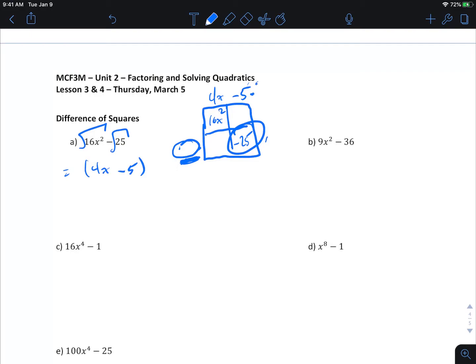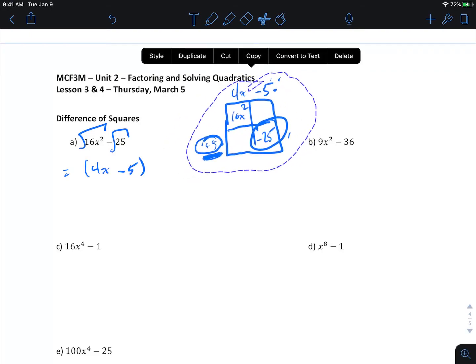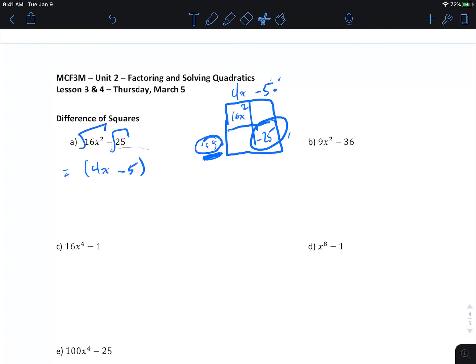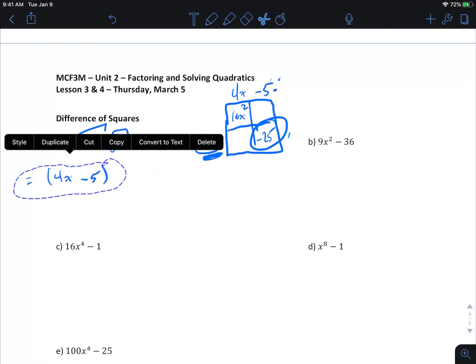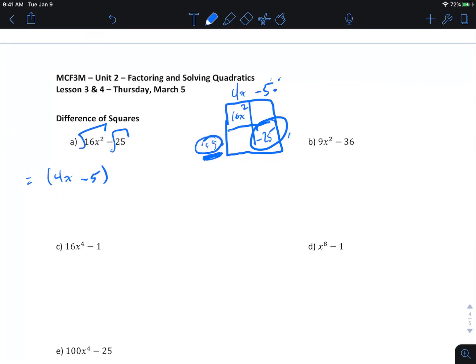Positive 5. This is not a perfect square trinomial because the length and width are not the same, so the only way for this to work is if I have a positive 5 in the second spot.